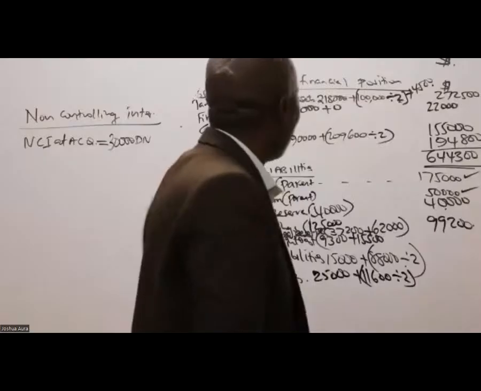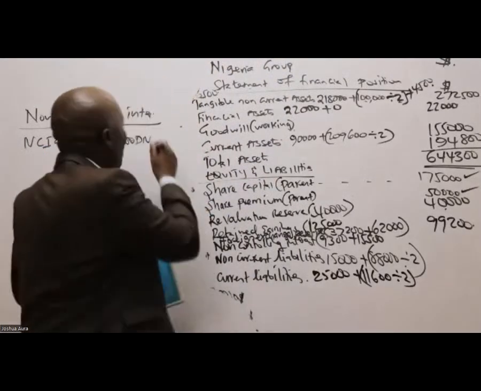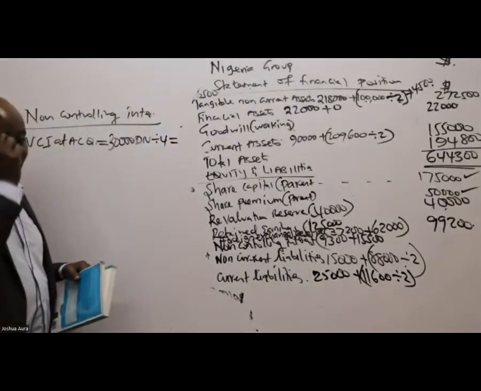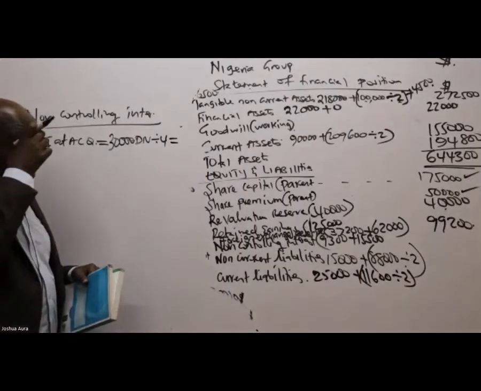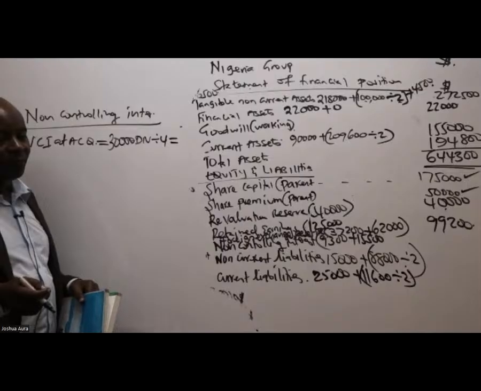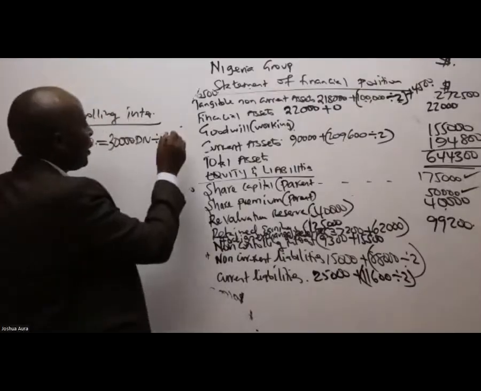Because you can see we are saying NCI at acquisition at 4. So divide this with 4. Could you kindly give me this figure? Right, so 7,500. Thank you very much.